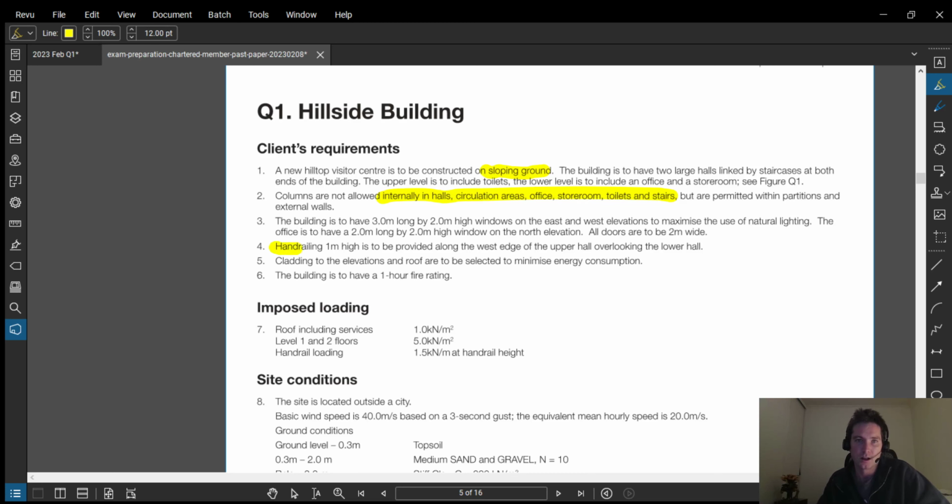So it's really important that we read these client requirements because they're our Bible coming into the exam. We need to make sure that we understand, appreciate, and satisfy all of these client requirements in both of our schemes.